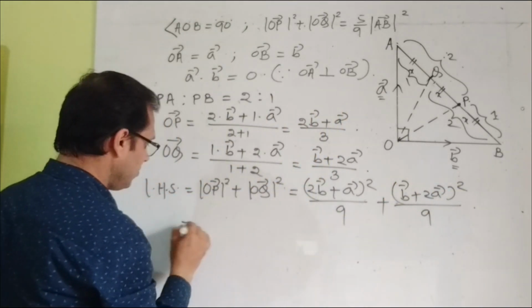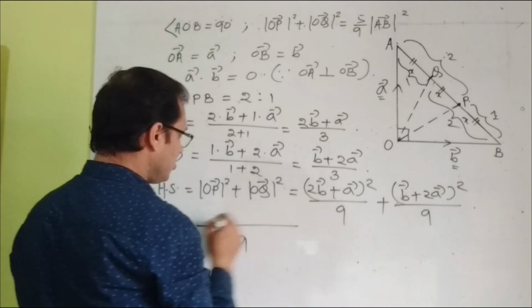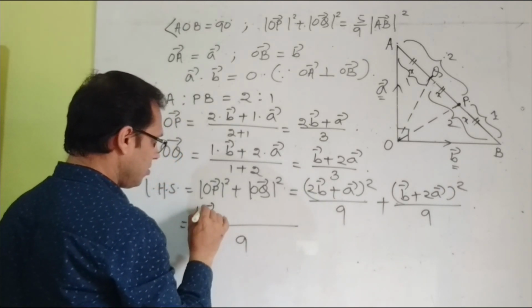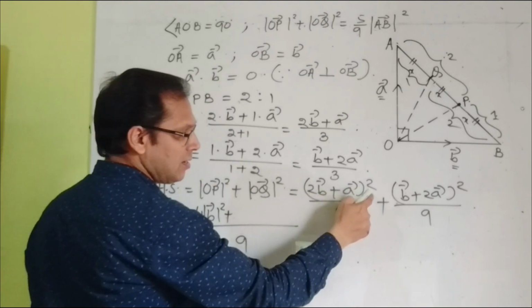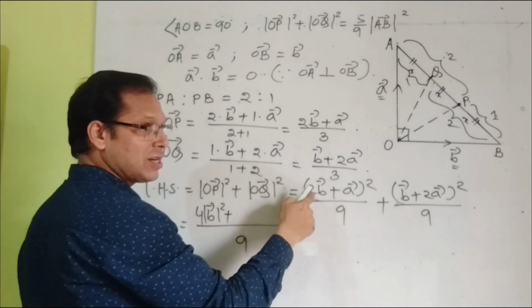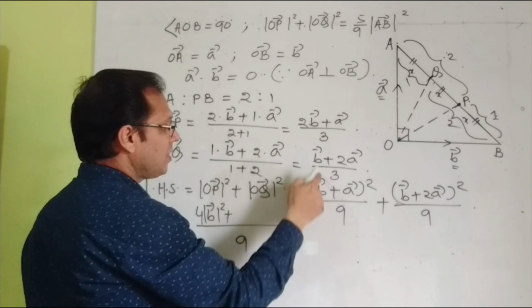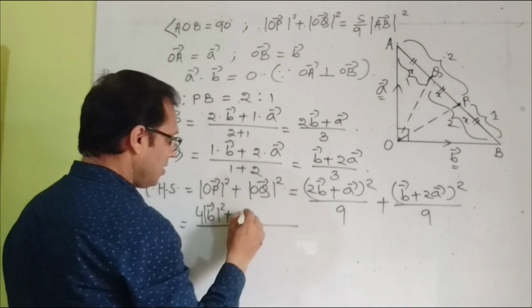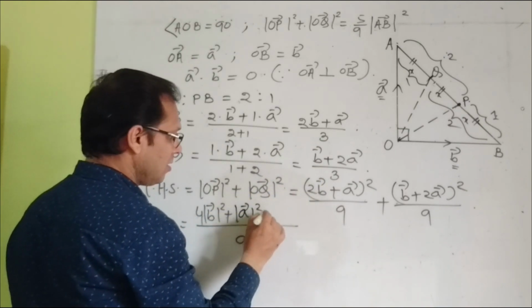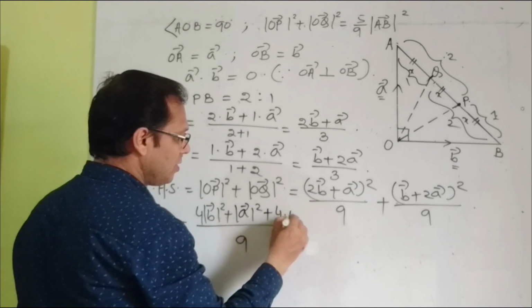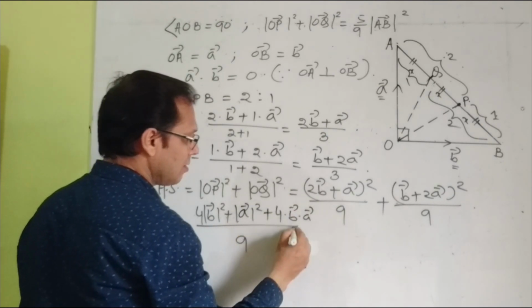So taking LCM 9, the whole square of 2B vector plus A vector gives 4 B vector magnitude square plus A vector magnitude square plus 2 into 2, 4 into B vector into A vector.